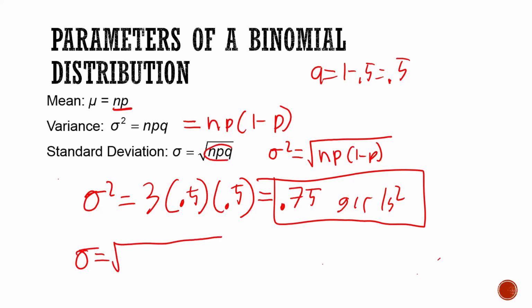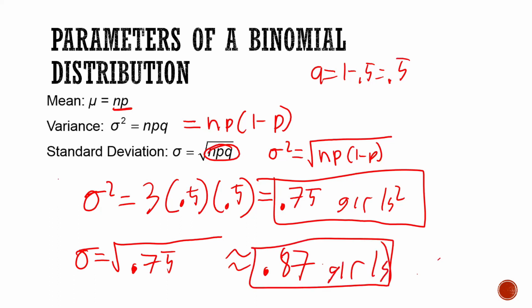So that's 8.7 girls. Sorry, 0.87 girls. Yeah. And a lot of times the units just don't make sense, you just can't imagine what that means. But you just roll with it because the standard deviation makes sense.